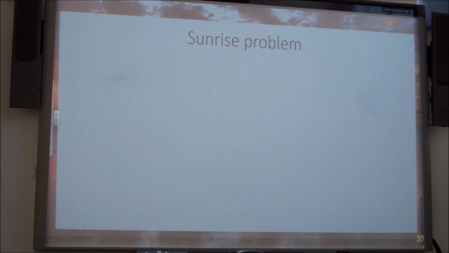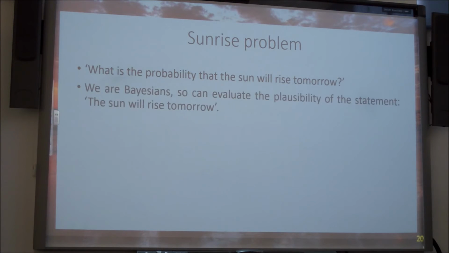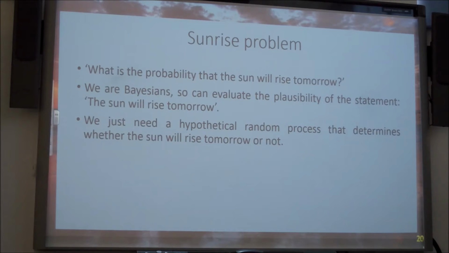So now we can get on to the sunrise problem. So we're trying to answer the question, what is the probability that the sun will rise tomorrow? And I hope I've converted you all to be Bayesians, so now we can evaluate the plausibility of this statement, the sun will rise tomorrow. All we need is a hypothetical random process that determines whether the sun rises or not.